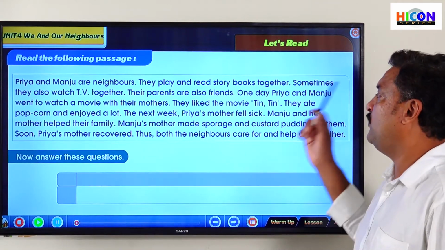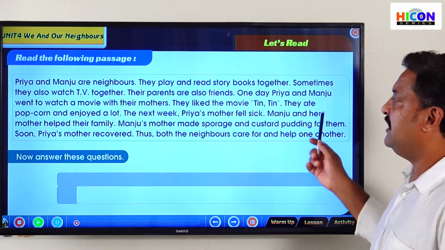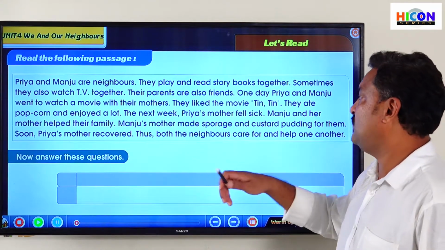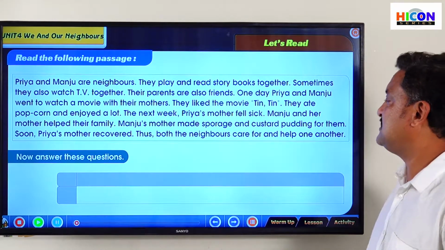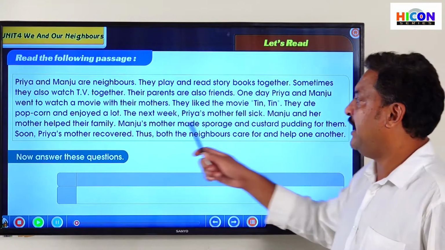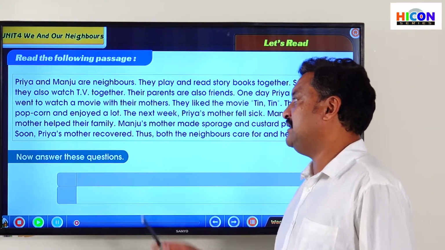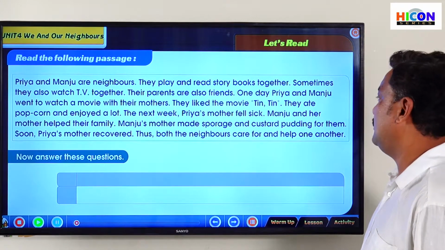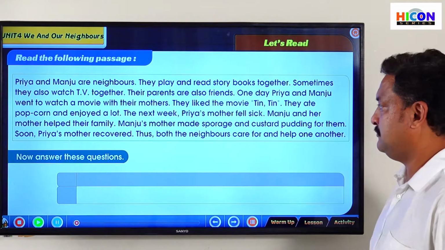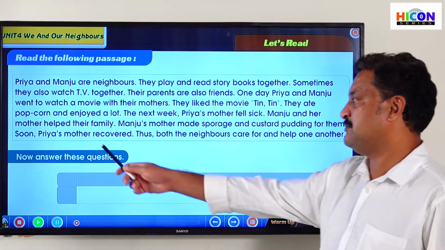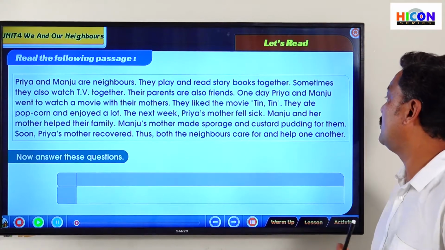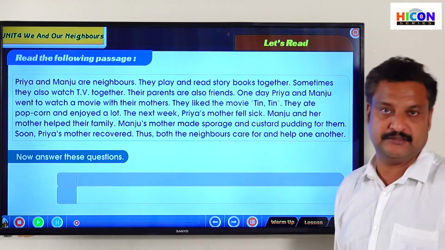They liked the movie Tintin. They ate popcorn and enjoyed a lot. The next week, Priya's mother fell sick. Manju and her mother helped their family. Manju's mother made porridge and custard pudding for them. Soon, Priya's mother recovered. Thus, both the neighbors care for and help one another.